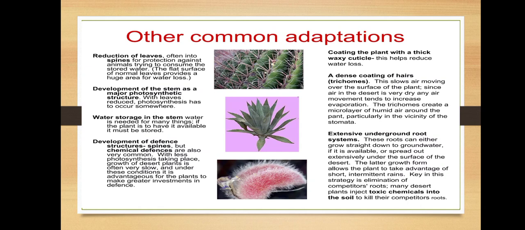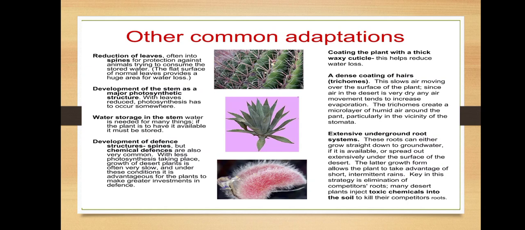A dense coating of hairs, trichomes, slows air moving over the surface of the plant. Since the air in the desert is very dry, any air movement tends to increase evaporation. The trichomes create a microlayer of humid air around the plant, particularly in the vicinity of the stomata.